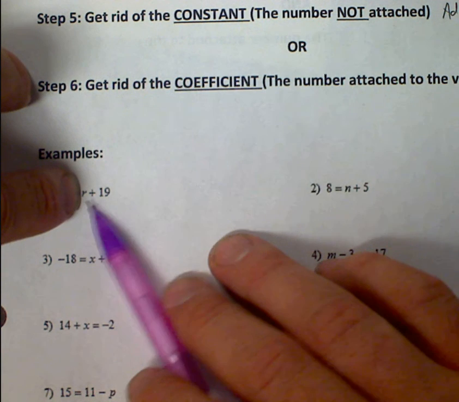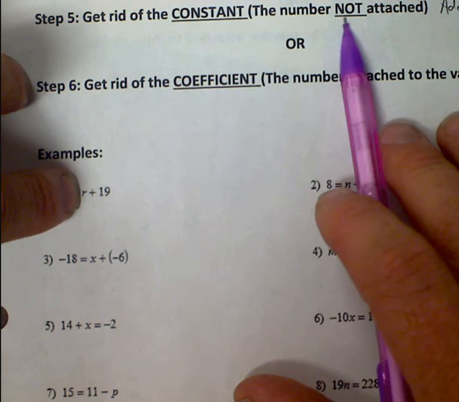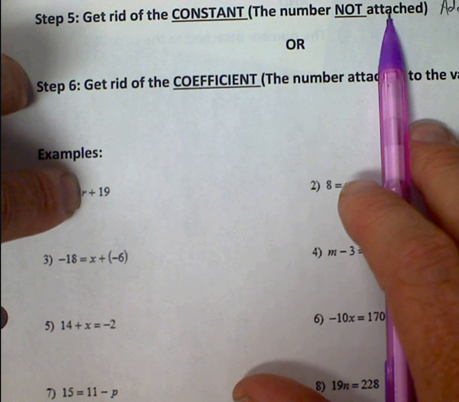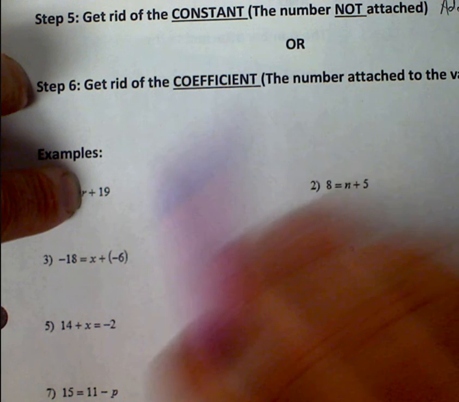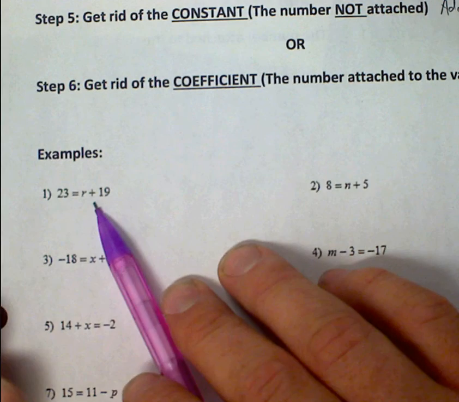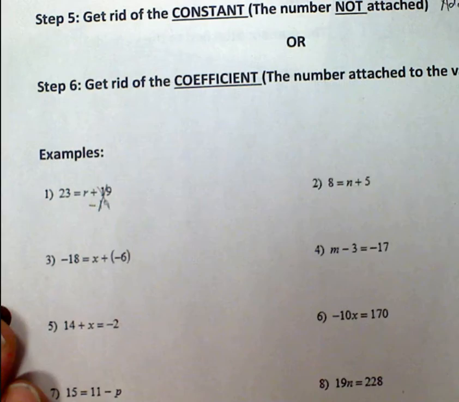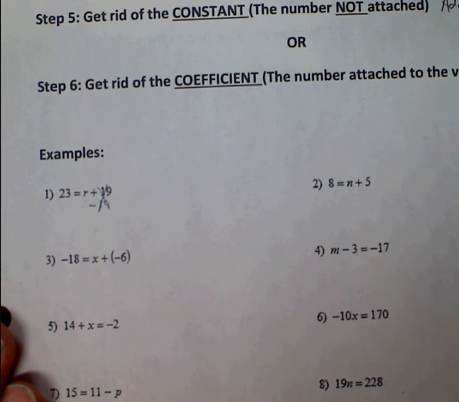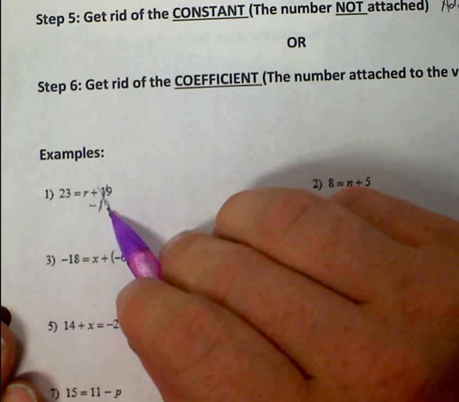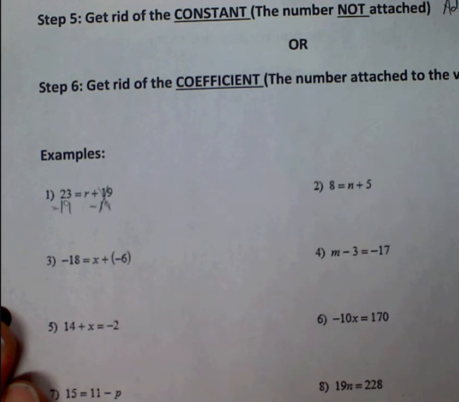The 19 is on the r side, so I'm adding 19. 19 is not attached to my variable. Therefore, I need to either add or subtract to get rid of it. If I'm adding 19, I need to subtract 19 to get rid of it on my variable side. If I get rid of 19 on this side, I have to get rid of 19 on the other side.